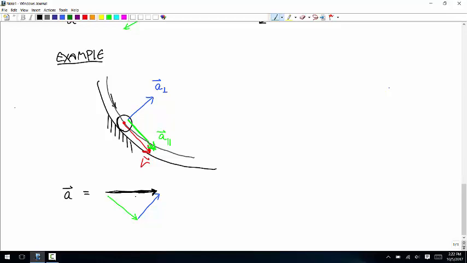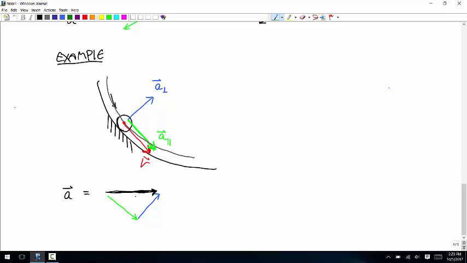So what can we say about the direction of the acceleration if we don't know the magnitudes of these two? Yeah, remember, when we did these exercises in lab, this is why we were doing that. We know that we're adding up a vector in this direction and a vector in this direction. We don't know what the magnitudes of those two are.